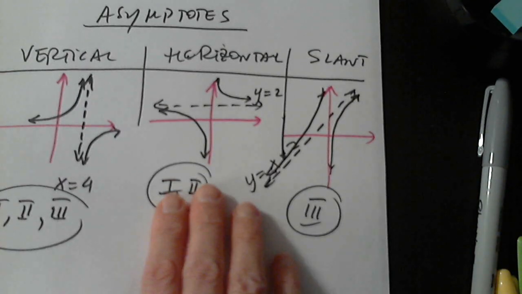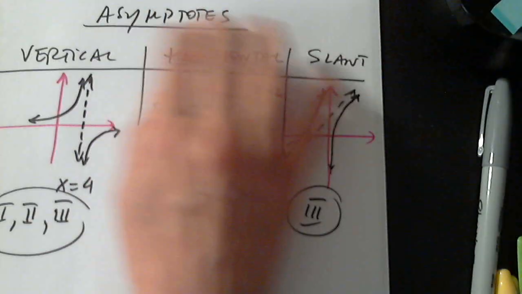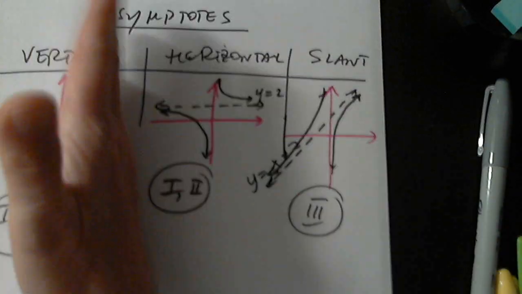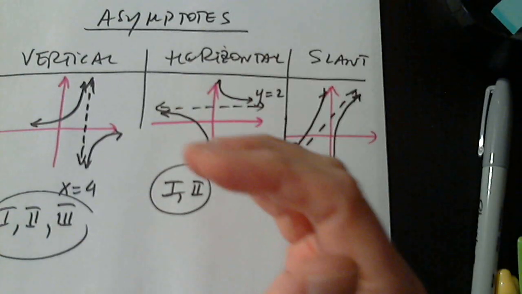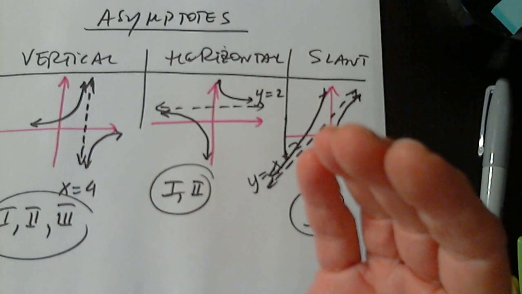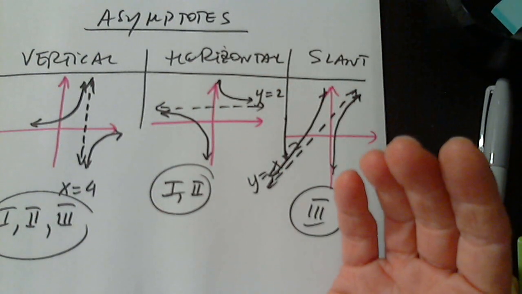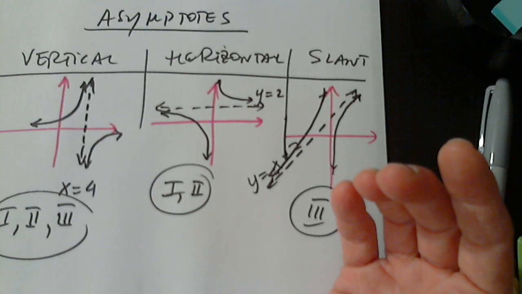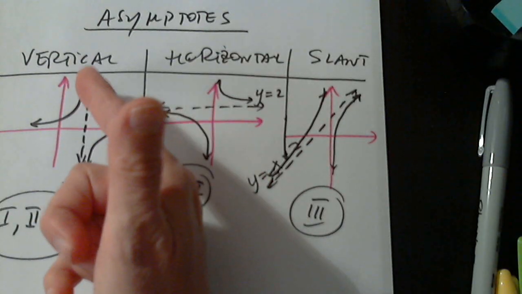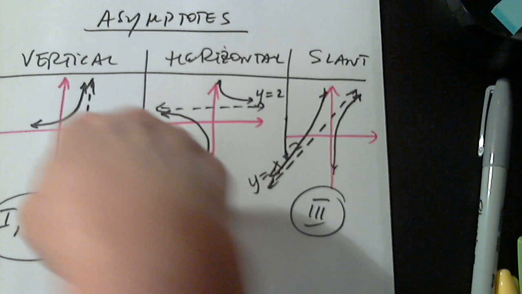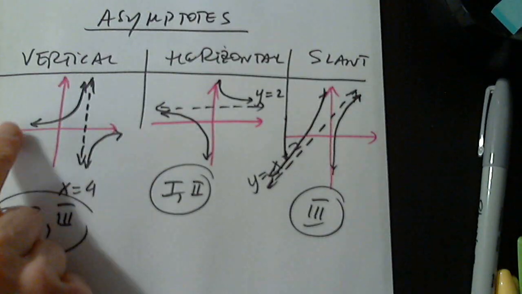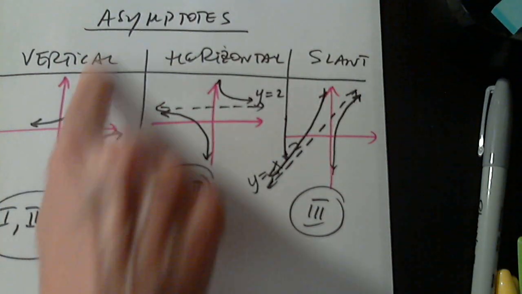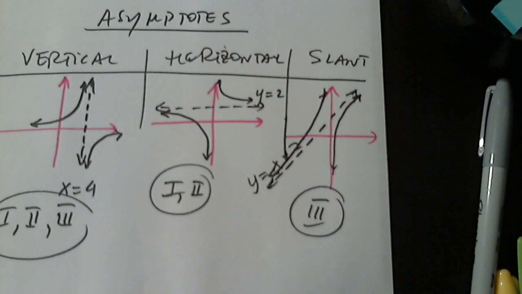Any questions? So again, what are the asymptotes? Some lines that show some behavior of the function. What is the behavior here? Either negative infinity on both sides, or positive infinity on both sides, or positive negative, or negative positive. It shows the behavior of the function where it's undefined.